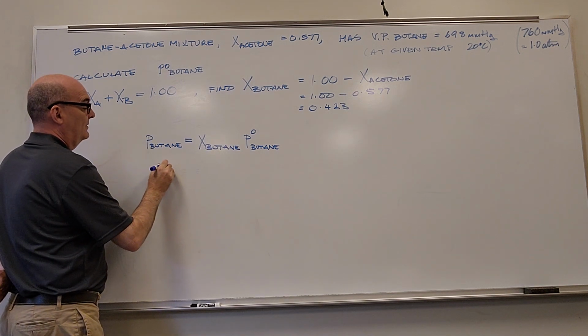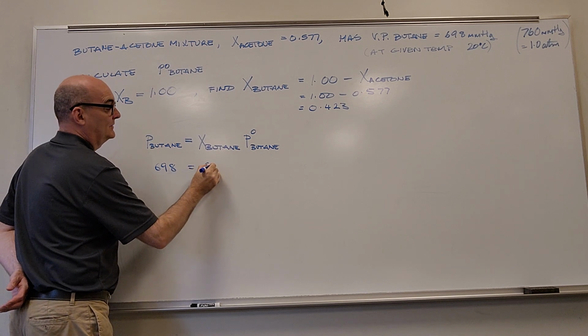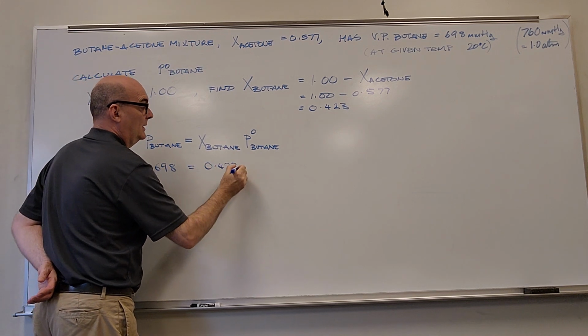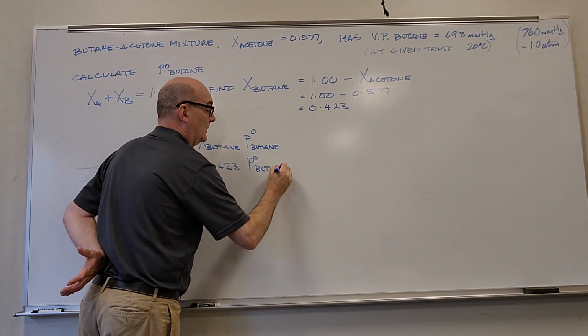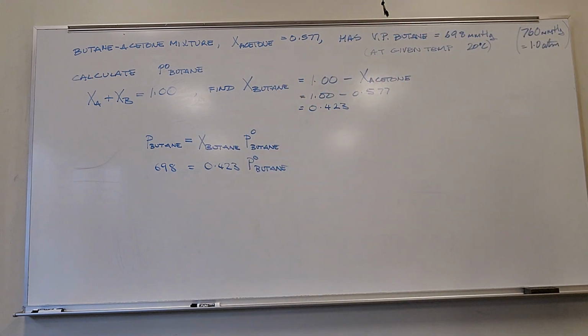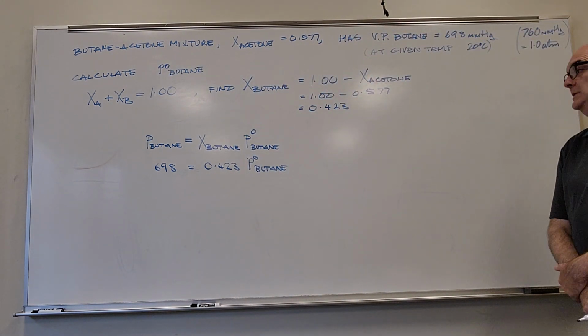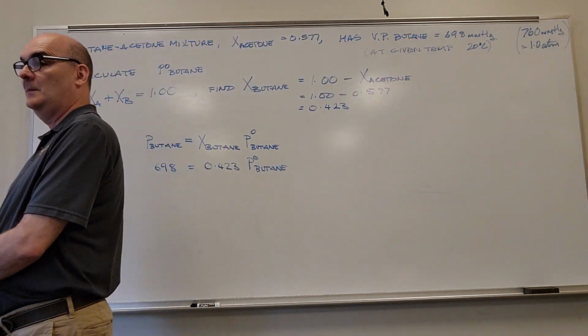So this number is the 698. This number is the 0.423, and this number is the pure value of butane. There are 3 terms, 2 numbers. Solve for the missing one.